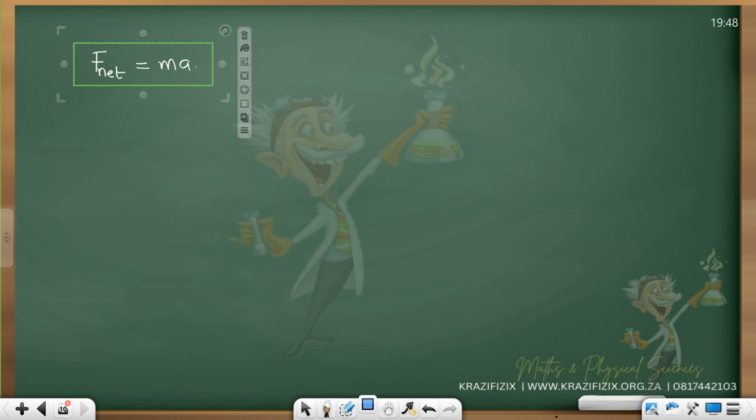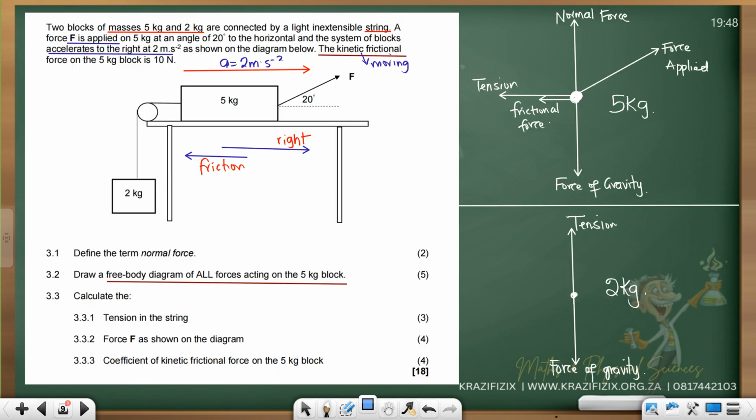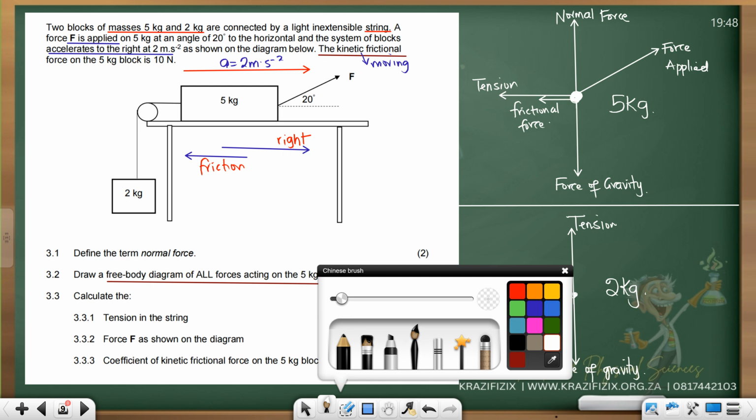What does F net mean, by the way? The sum of all the forces. Because force is a vector quantity, we spoke about that in grade 10. There must be direction.